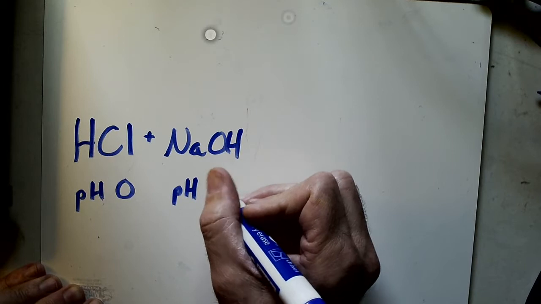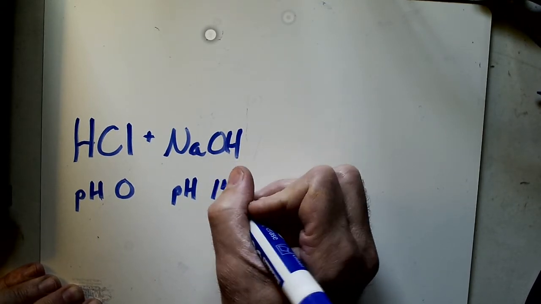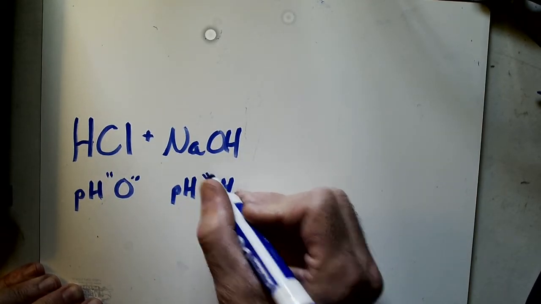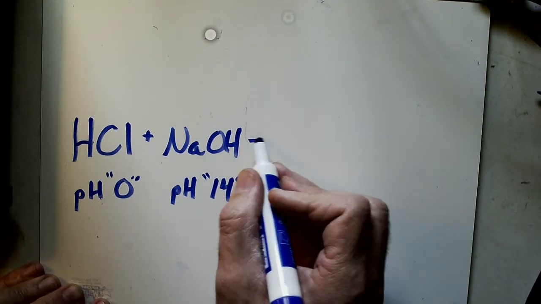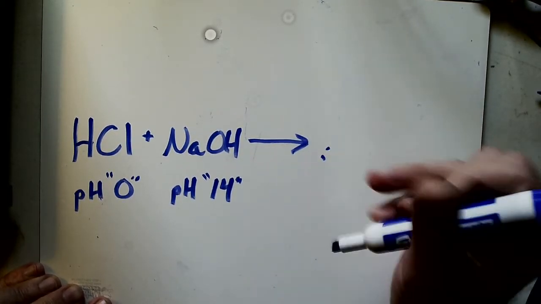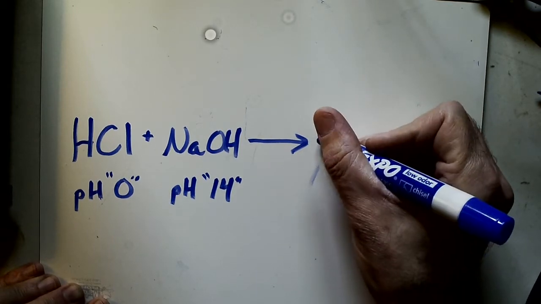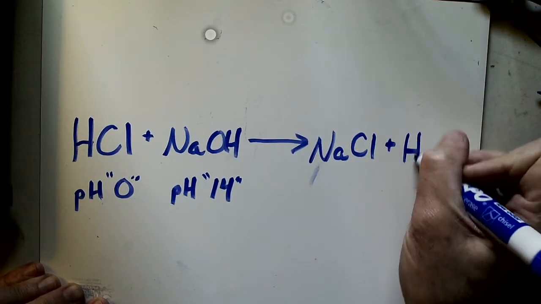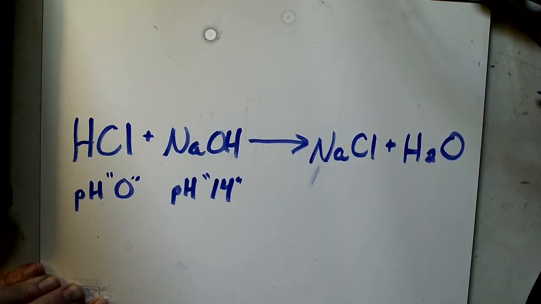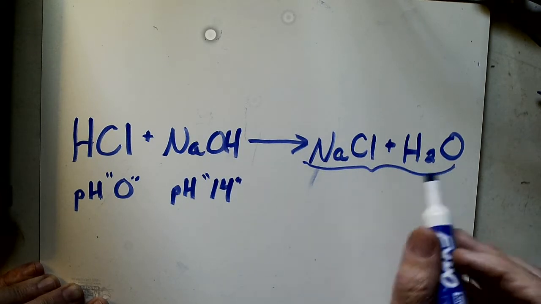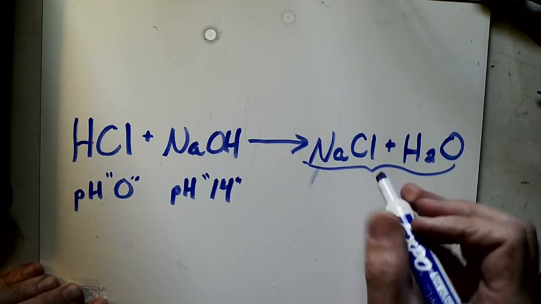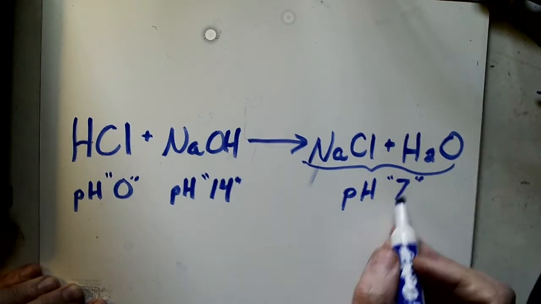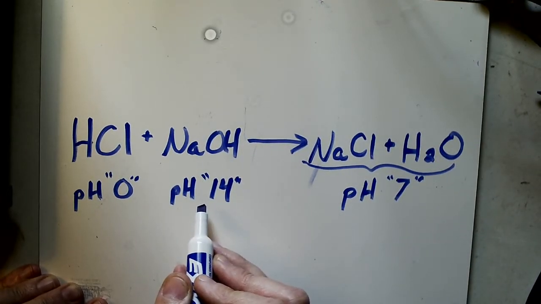So 0 and 14. And what I get from that is NaCl plus H2O. The pH of these two things, it's just salt water. So the pH is 7, right in the middle between 0 and 14.